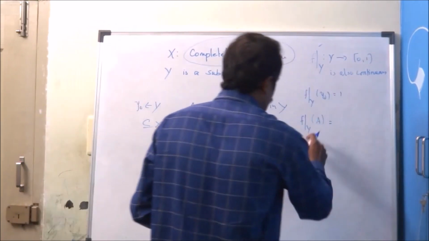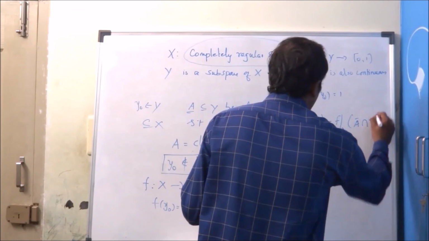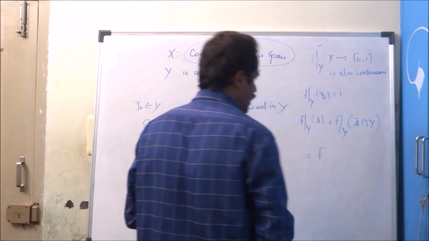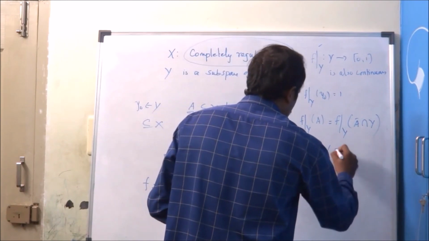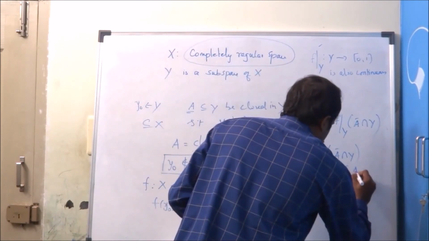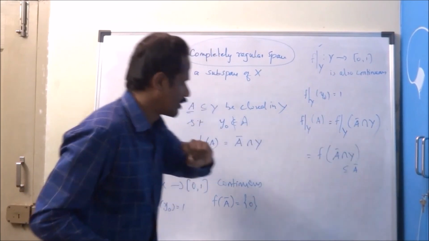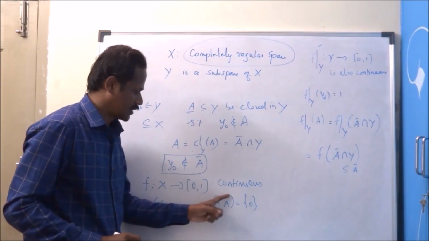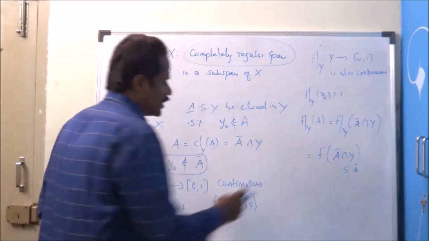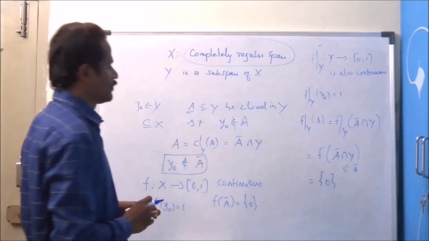F restricted to Y of A is f evaluated on A closure intersection Y. This set A closure intersection Y is a subset of A closure. But on A closure, at every point of A closure, f assumes the value 0. Therefore, here also f assumes the value 0, because it is a subset of A closure.